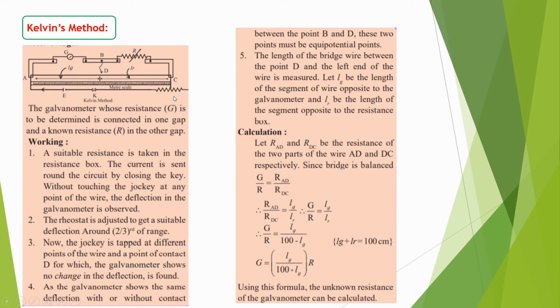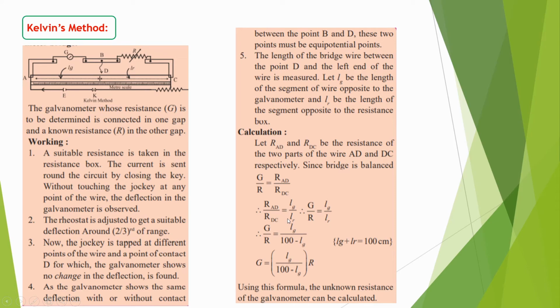We take their ratio according to the Wheatstone bridge. So we get G by R is equal to the resistance RAD divided by the resistance RDC. So RAD upon RDC is equal to LG upon LR.